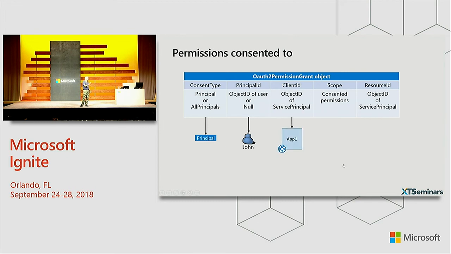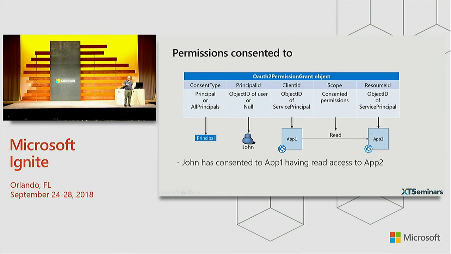So that now is app 1. The next thing you'll need is what permissions you've consented to, and you need the object ID of the back end. So now we've got this situation where John has consented to app 1 having read access to app 2. And this is how the consented permissions are held.